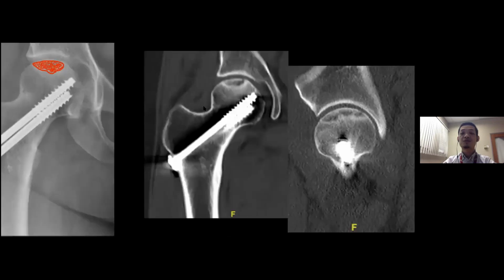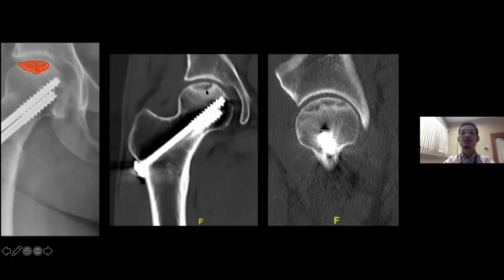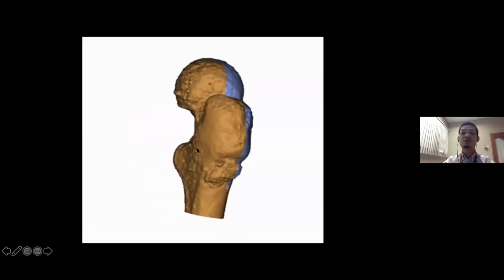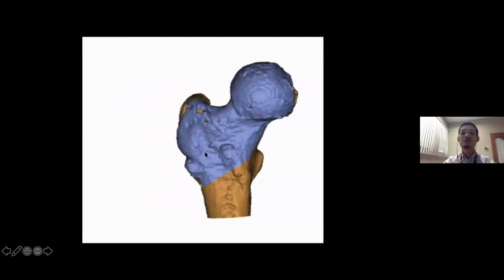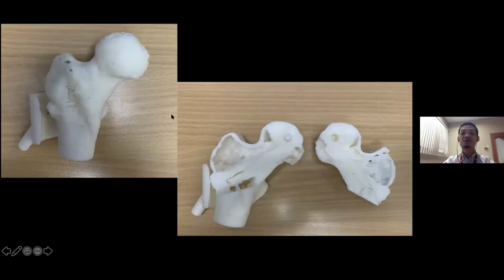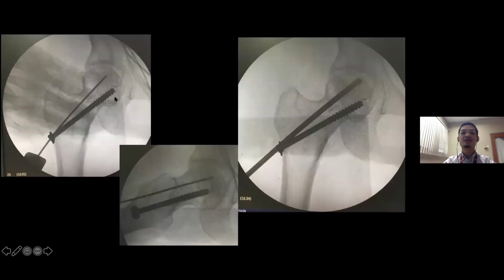We confirmed this on CT, and we also 3D rendered the CT and planned how to perform the core decompression. This is where the drill is supposed to go. This is what we printed. This jig was put inside the patient, and it guided where we did the core decompression. She was done maybe about 4 months ago, and I think she's doing pretty well.